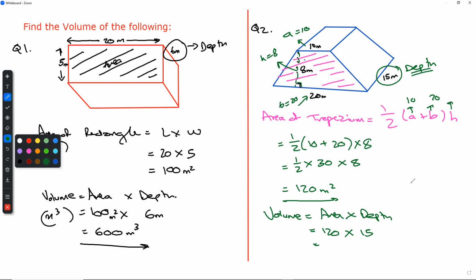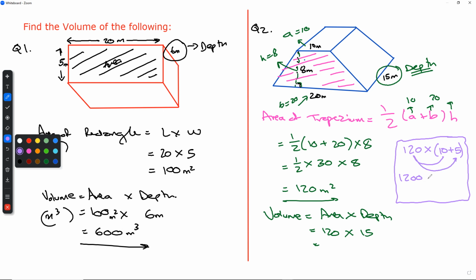If I don't have a calculator, how do I do this? Let's see if I could possibly calculate it over here. 120 multiplied by 15 is the same as 120 multiplied by 10 plus 5, because that's 15, right? Take the 120 multiplied by the 10, it's 1,200, then multiplied by 5, which is half of it.